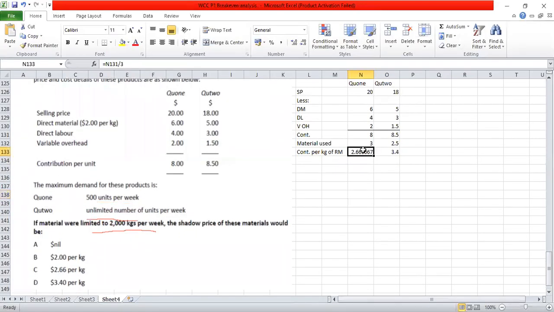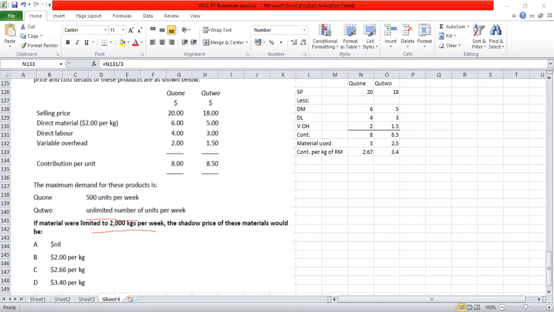So we got 2.67 for one product and 3.4 for the other. In such situations, now we need to decide which one is the shadow price. If material were limited to 2000 kgs per week, the shadow price of these materials would be, should we go with 2.67 or should we go with 3.4?